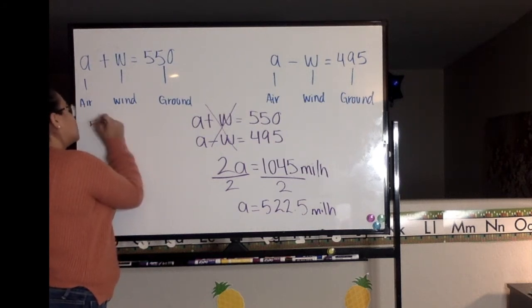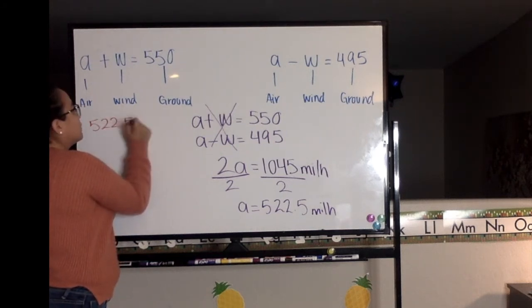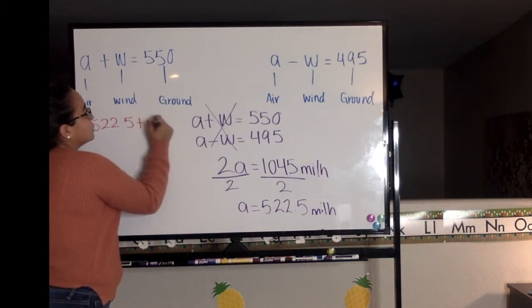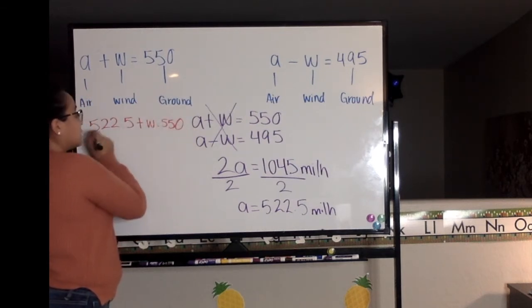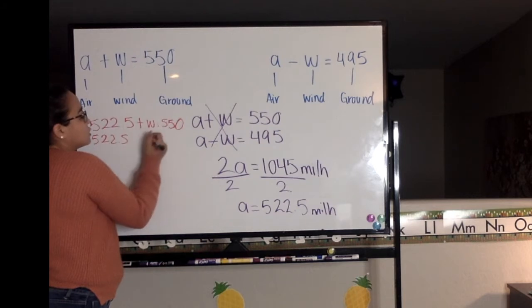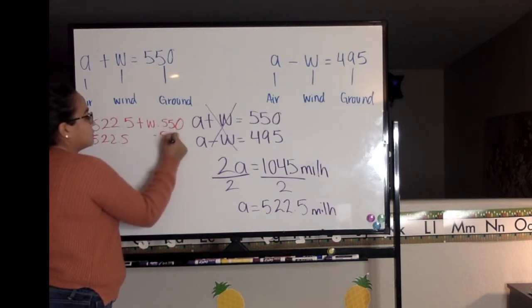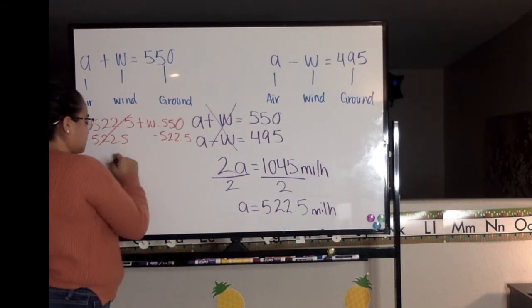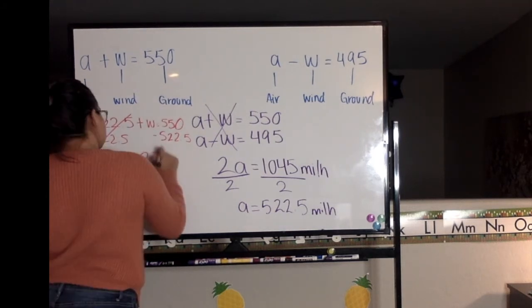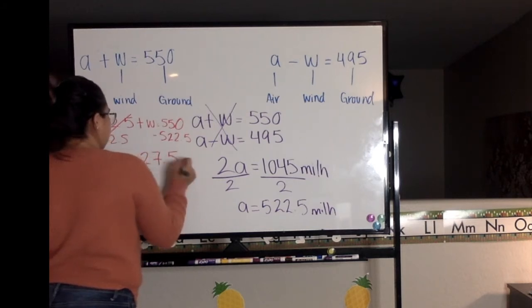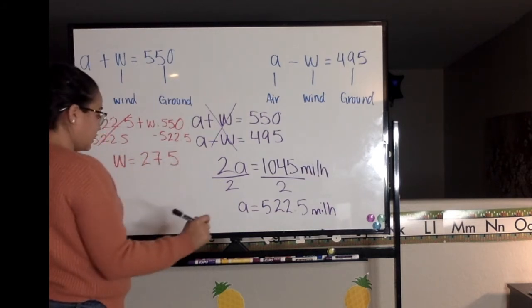So 522.5 plus W is equal to 550. Now we're solving for W. We're going to subtract 522.5 from both sides. That is going to leave us with W being equal to 27.5.